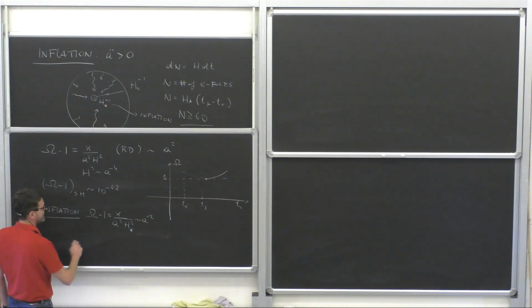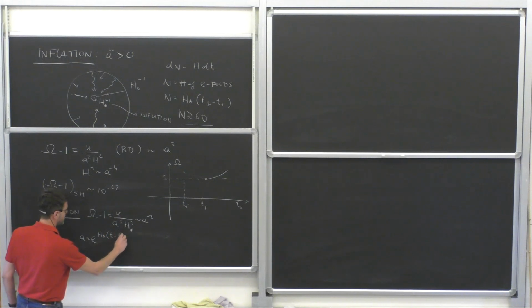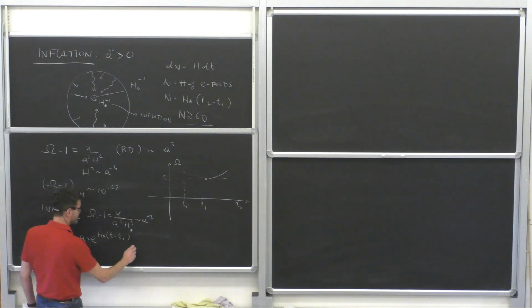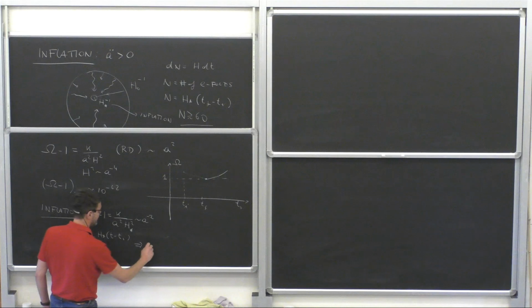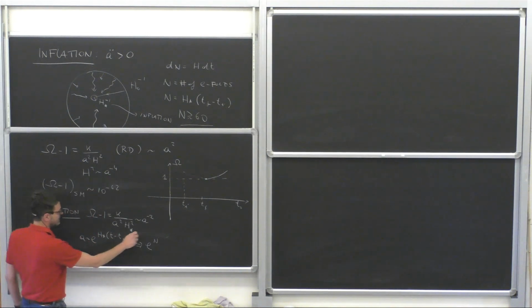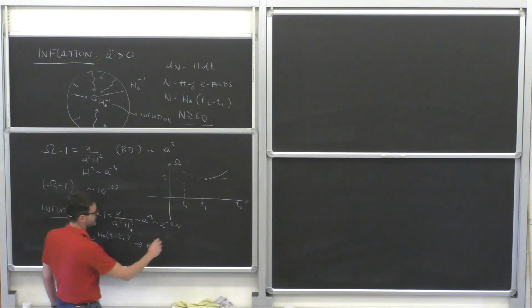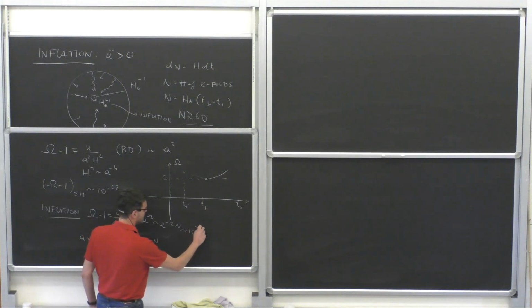And in fact, if we know that a goes like e to the H star times (t minus ti), so the total number of e-folds will be, it will go like e to the N. We will obtain e to the minus 2N here. And if we impose this number to be 10 to the minus 62 or something, we get again N of order of 60.